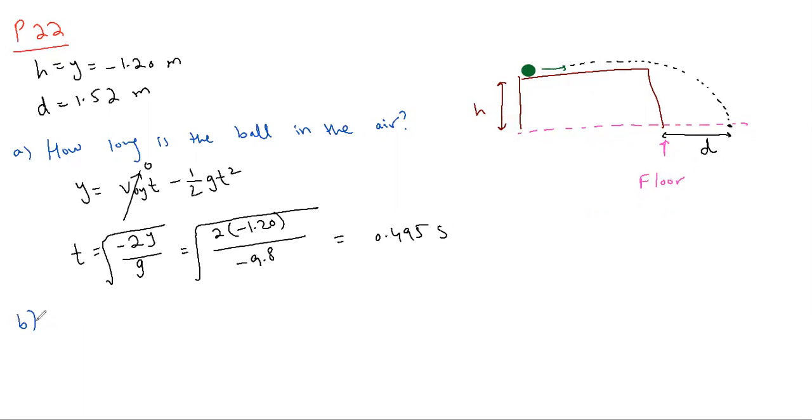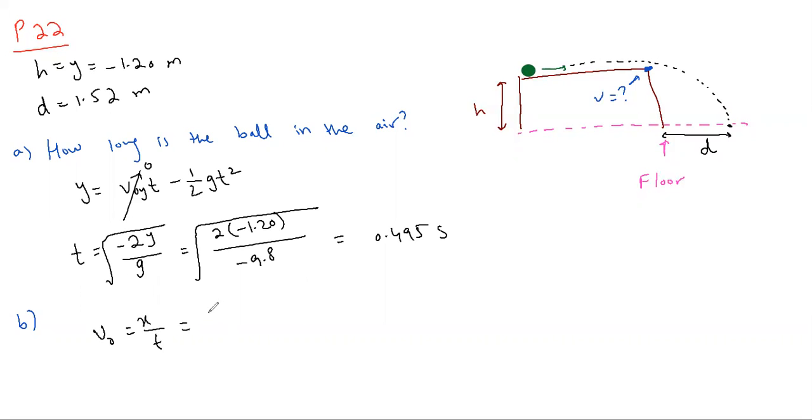In the second part, you have to calculate what is the speed at the instant it leaves the table. We know this is the instant when the ball leaves the table. So what is the speed at this point, at the very time it leaves the table? That can be calculated very easily using v naught equals x over t.